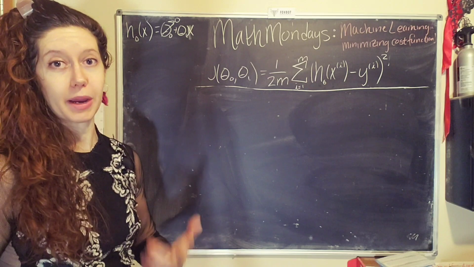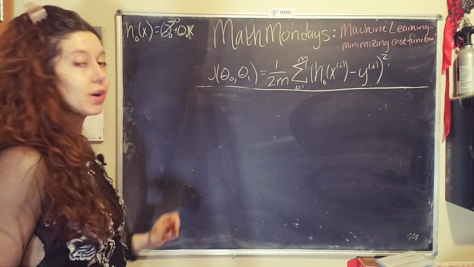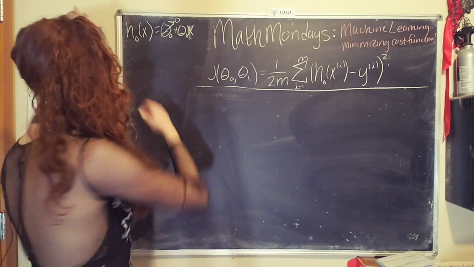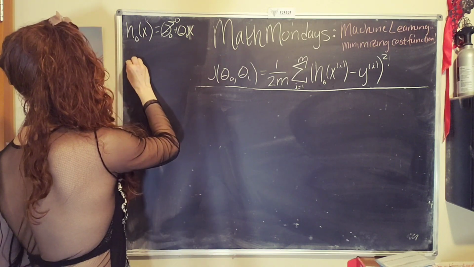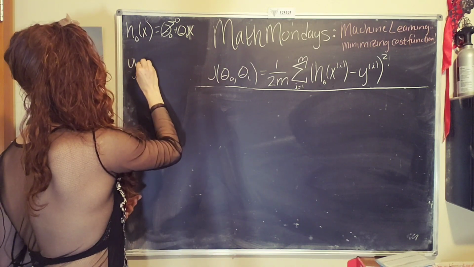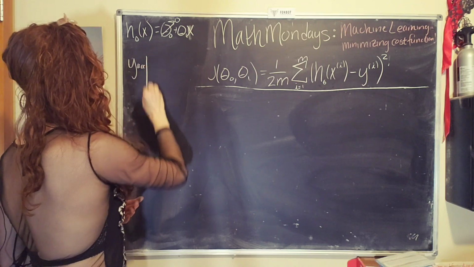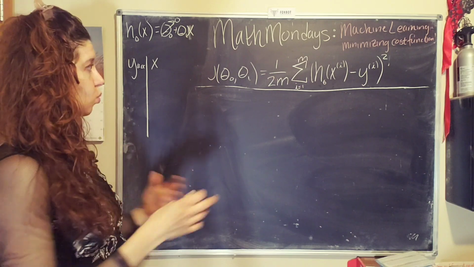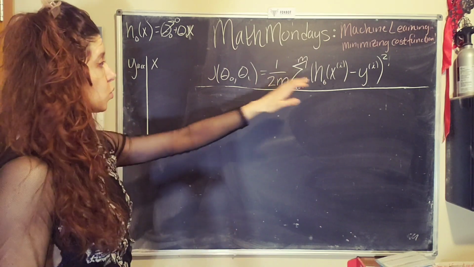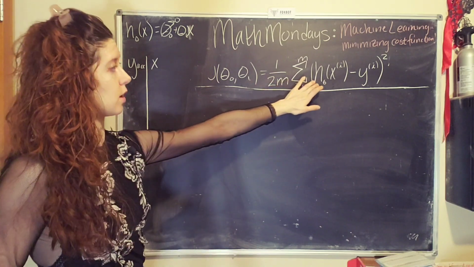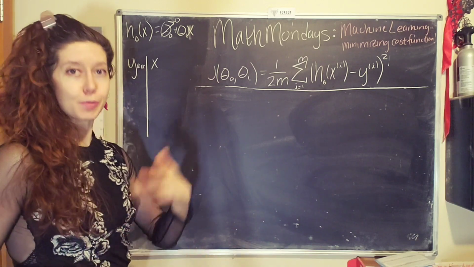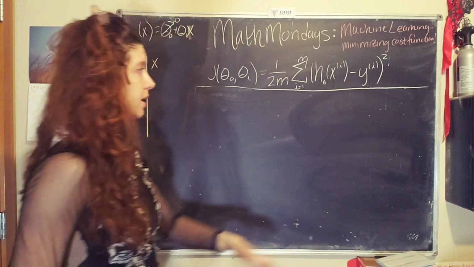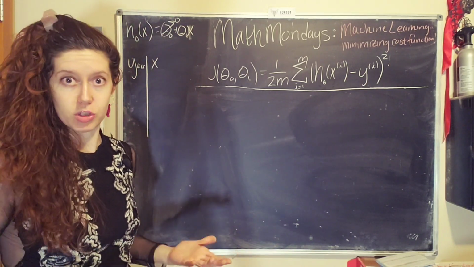Since we're going to do this by hand, I'm going to write out a table to help us keep track of the different quantities that we're going to be dealing with. So we have y, which is the actual data set. We have x, which is our variable, the same between our hypothesis function, or the machine learning prediction function, and y. Both y and our hypothesis function depend on x, right?